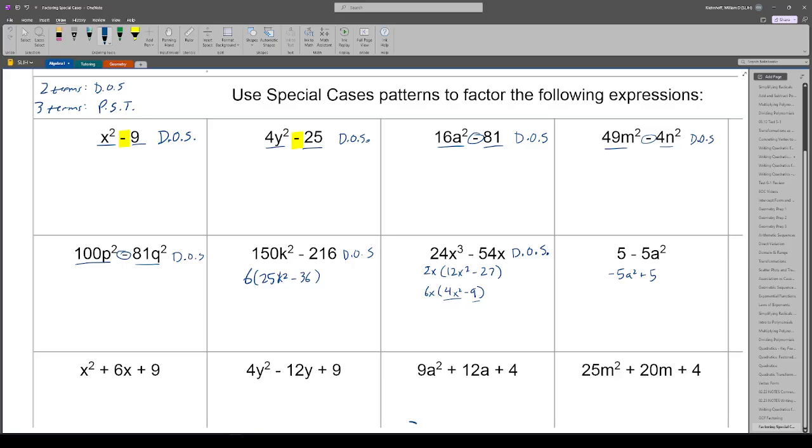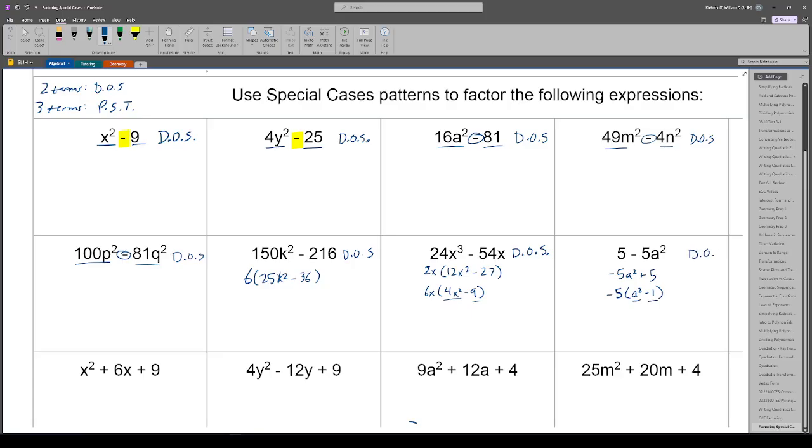Then when we factor it out, we're going to take out a GCF of negative 5, and we're left with a squared minus 1. This is actually what we want to have for our difference of squares. Just by convention, we want the variable to be first and the constant to be second. So we have a GCF of negative 5, and then we have a times a minus 1 times 1.